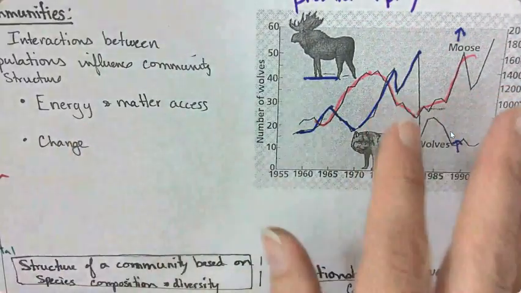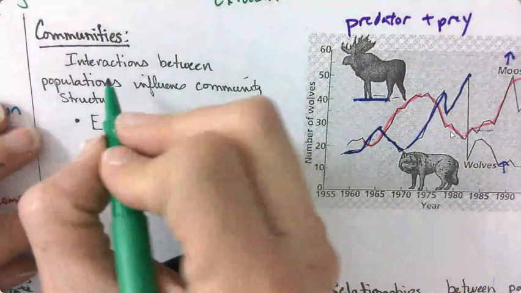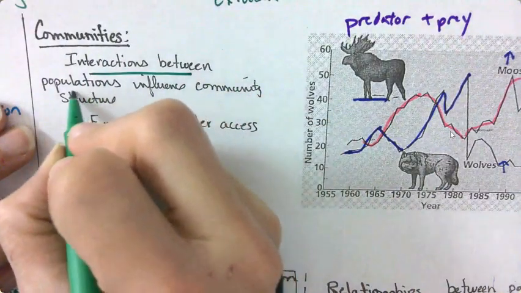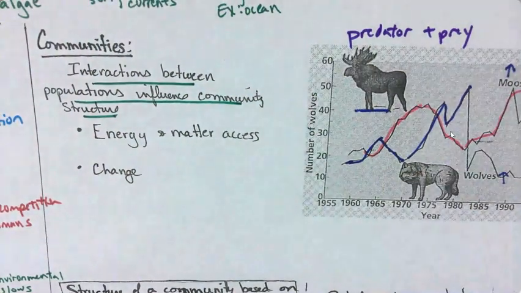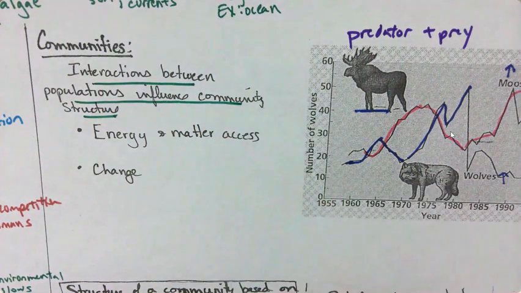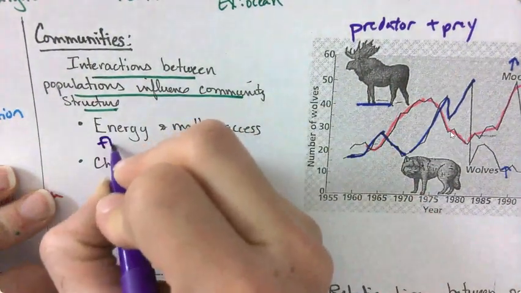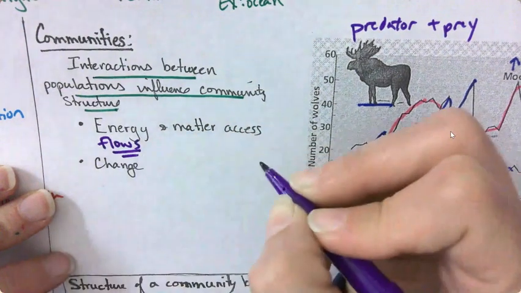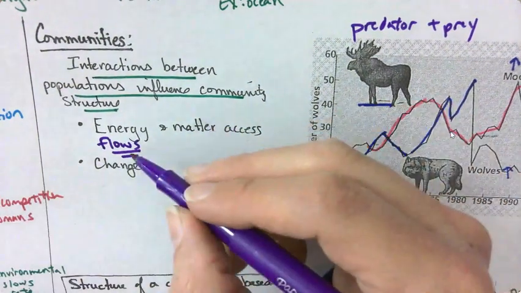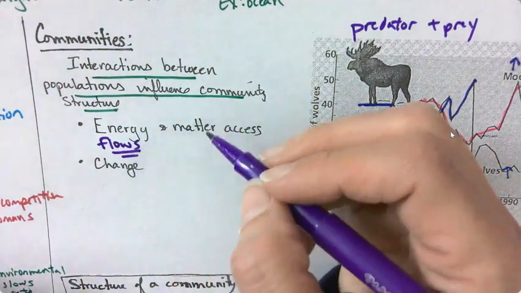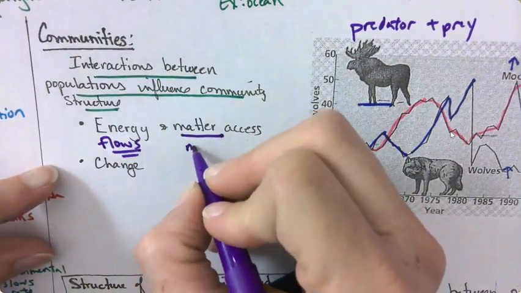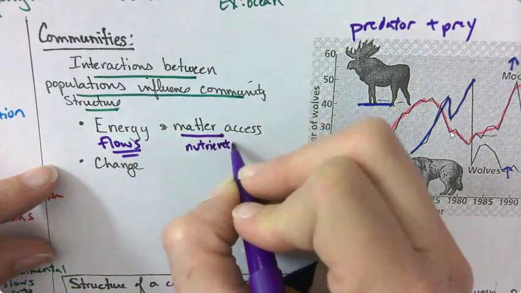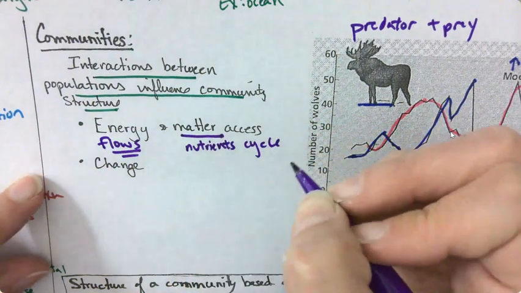So in communities, you really need to look at interactions between populations. And there are two main things to look at. The first one is energy and matter. Remember, energy flows. We can start with solar energy or chemical energy, and it flows from one organism to another. Matter, however, cycles, like a nutrient cycle. Think of the water cycle or the nitrogen cycle.